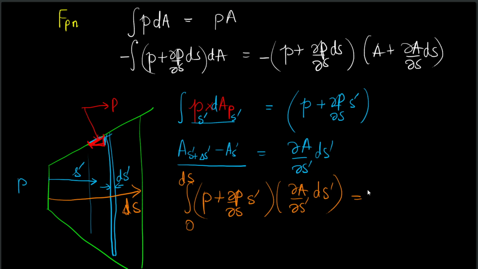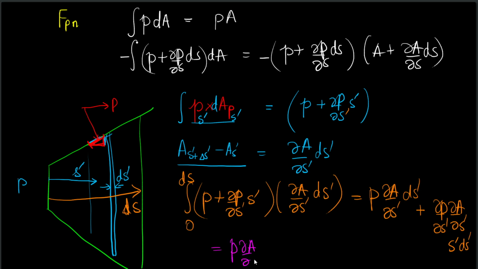So this becomes p ∂A/∂s′ ds′ plus ∂p/∂s′ ∂A/∂s′ s′ ds′, and the first term simply becomes p ∂A/∂s′ ds′, which is equal to ds.